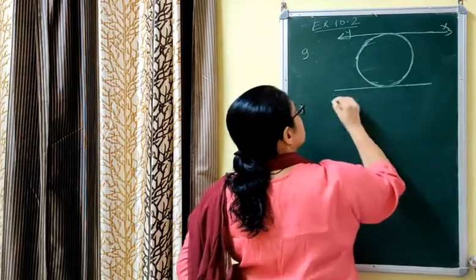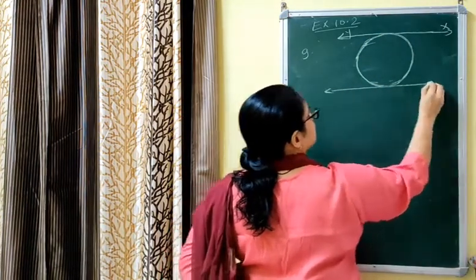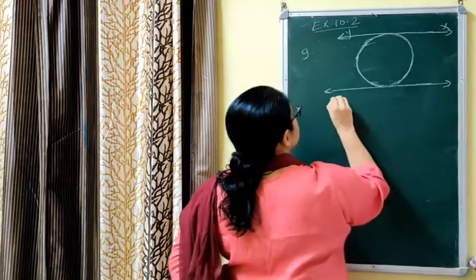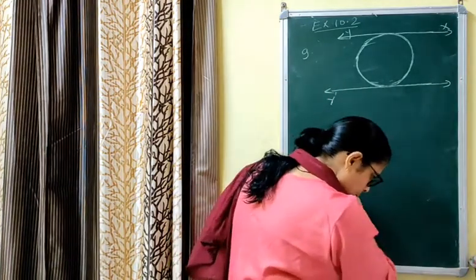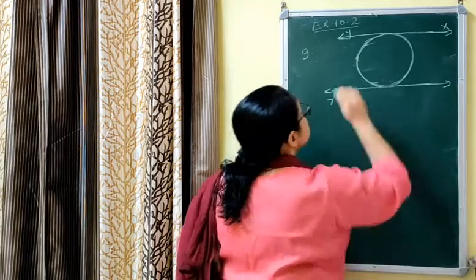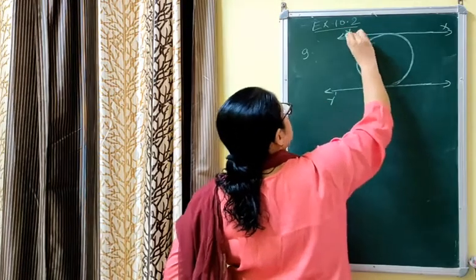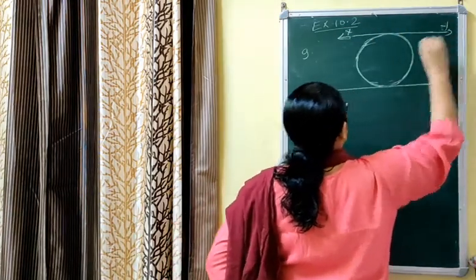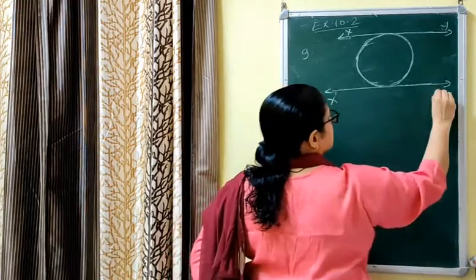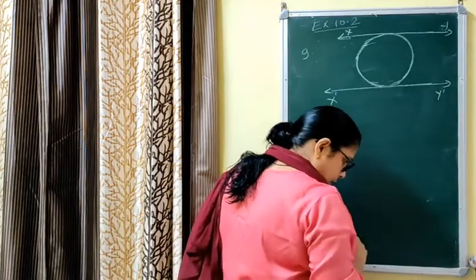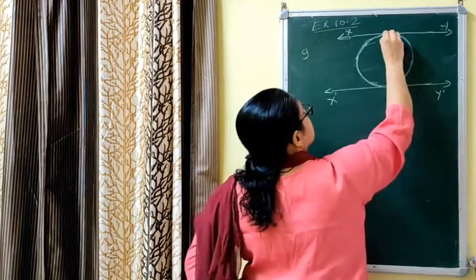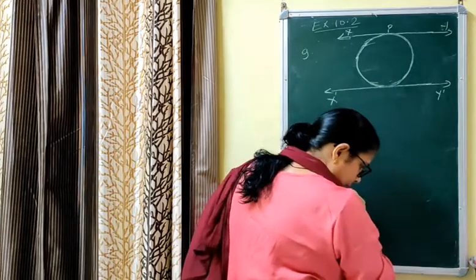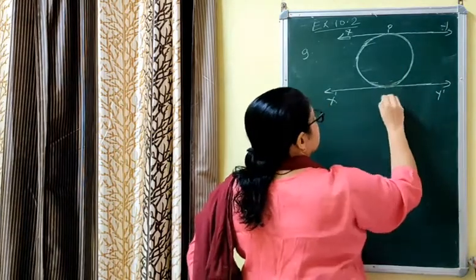This point is X, this point is Y, this point is X dash, this point is Y dash. XY touches the circle at P, and X dash Y dash touches the circle at Q.